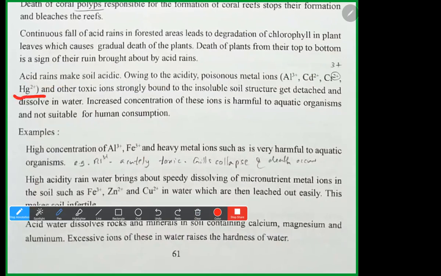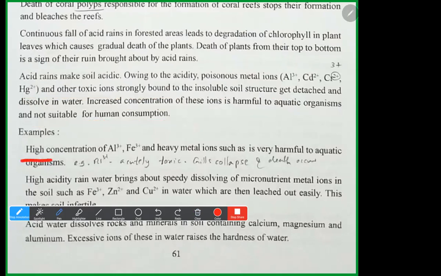And mercury and other toxic ions strongly bound to the insoluble solid structure get detached and dissolved in water, because acids make these compounds more soluble. Increased concentration of these ions is harmful to aquatic organisms and not suitable for human consumption.